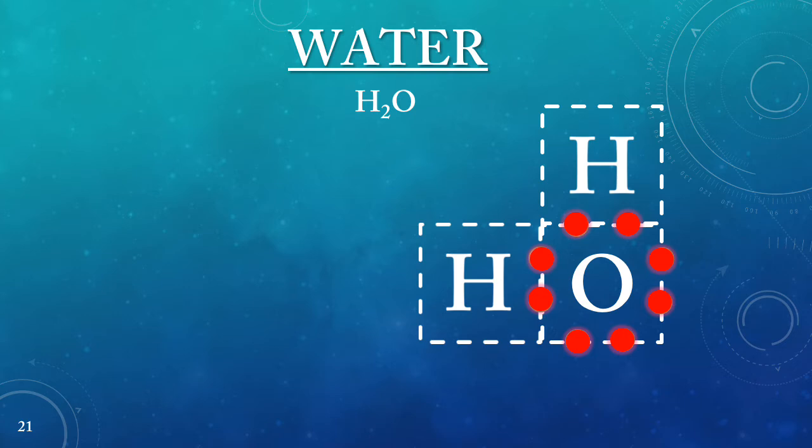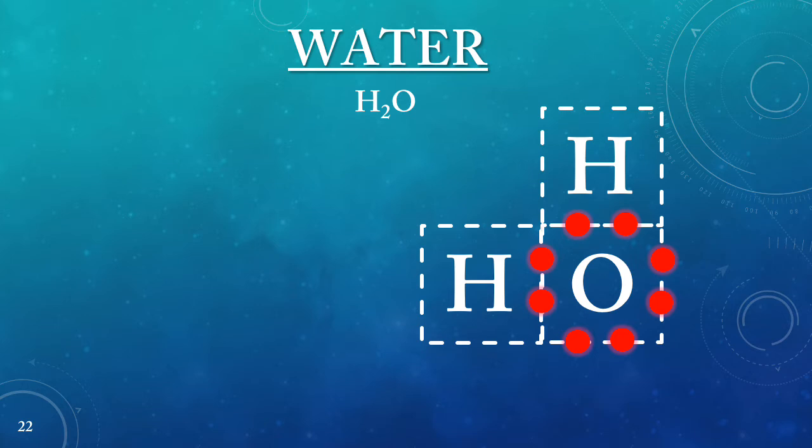Now, a couple things to notice. The first thing to notice is that oxygen thinks it has 8 electrons. 2 on the top, 2 on the right, 2 on the bottom, 2 on the left. So it thinks it has 8, and we're going to realize that these 2 are shared, and these 2 are shared. Now, the challenge with water is that it's not actually shared evenly.